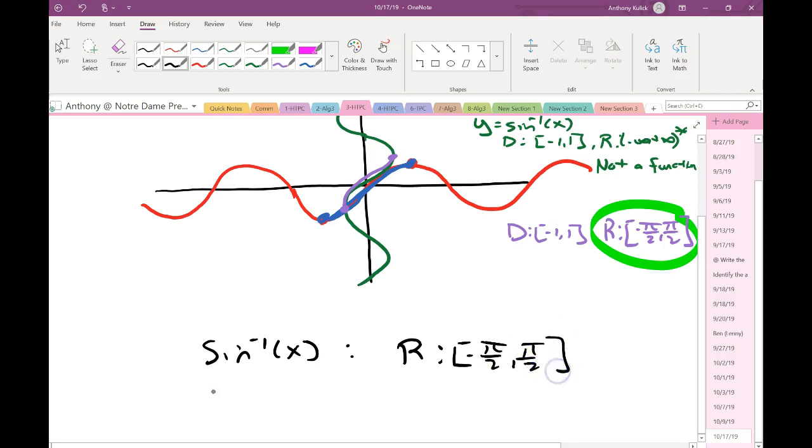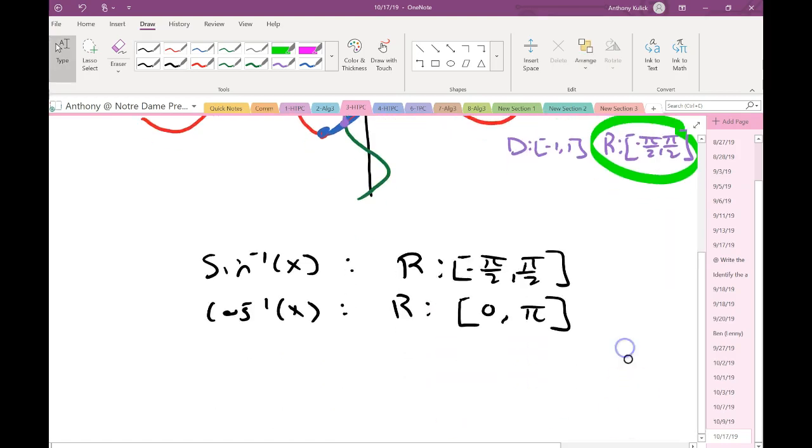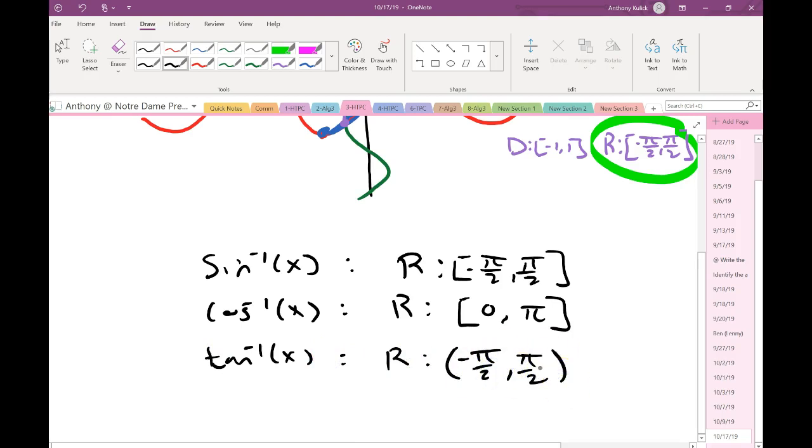For cosine inverse, the range is this, and for tan inverse, our range is, I think, this. I have to double check in my notes here, though. Almost positive. Yeah, okay. So that's the big takeaway.